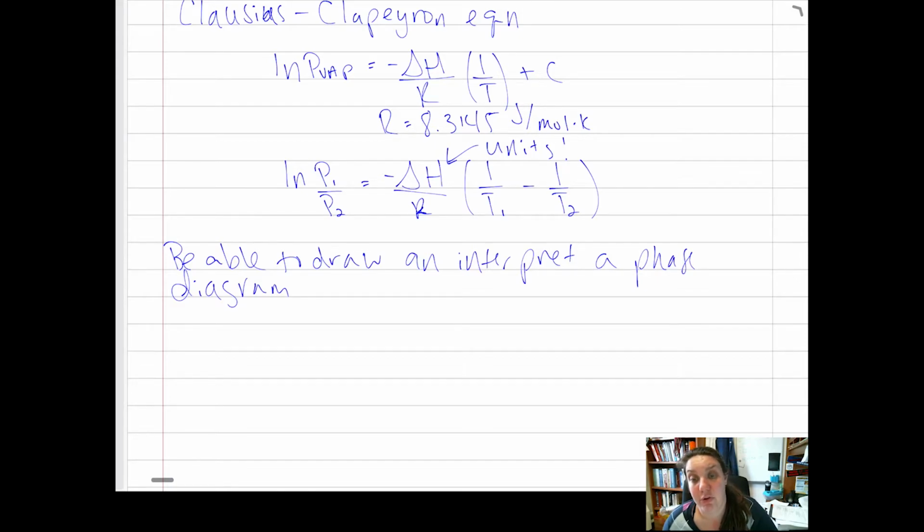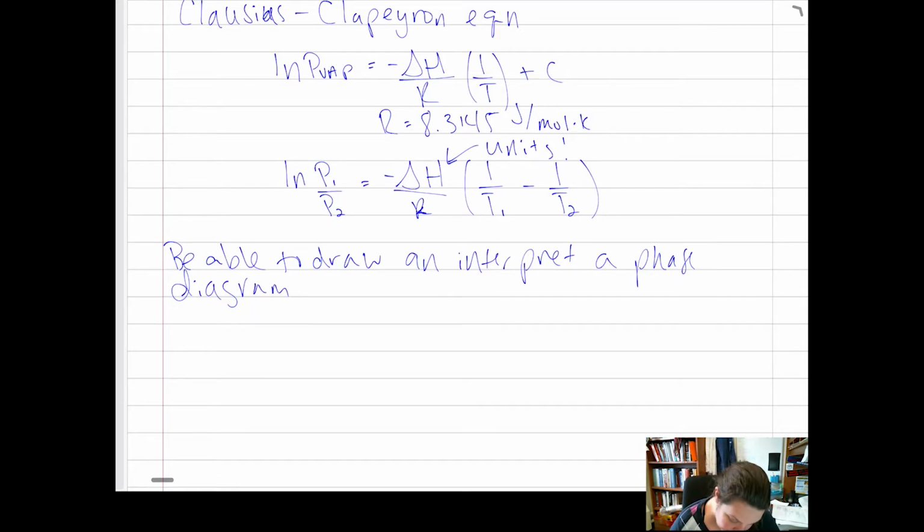You should be able to recognize the sublimation deposition equilibrium line. You need to know where the triple point is. You need to be able to locate the normal melting point, the normal boiling point, and your critical point. You should know what a supercritical fluid is.